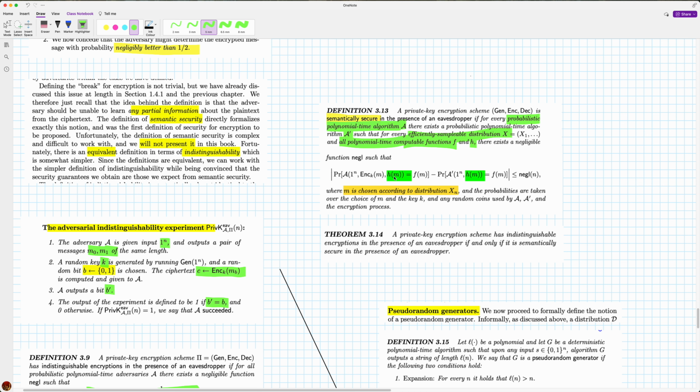So the adversary is given the side information, it's given the ciphertext, and it's given the security parameter, of course, and we wanted to compute some function of the message, right? So that's what we understand by an intuitive definition.